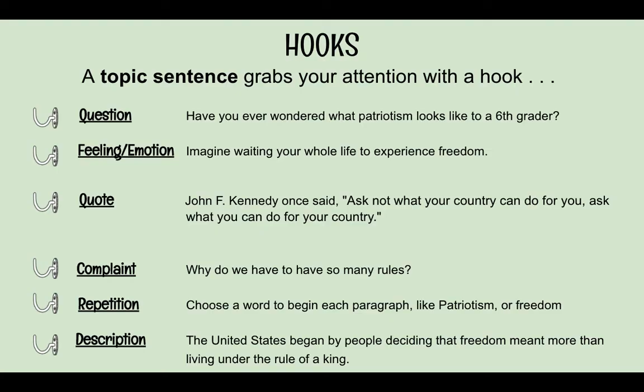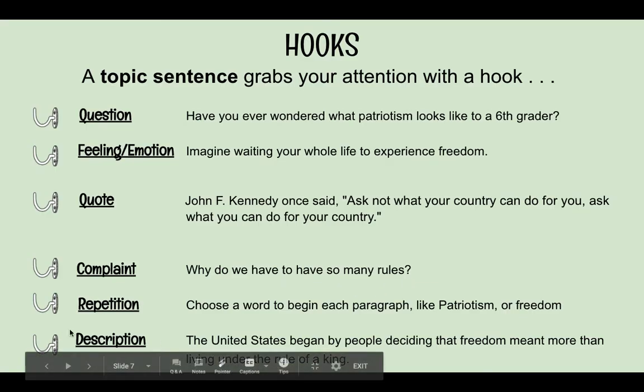And we'll have a lesson that is specific to using quotes in your writing. We'll talk about how to use the quotation marks, how to use a comma before quotation marks, or putting the period inside the quotation marks. Start out with a complaint. Why do we have so many rules? Use repetition.